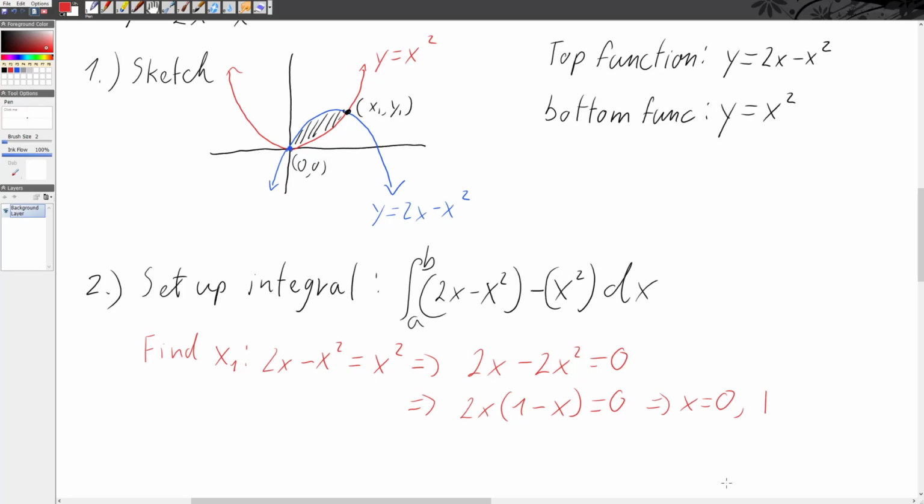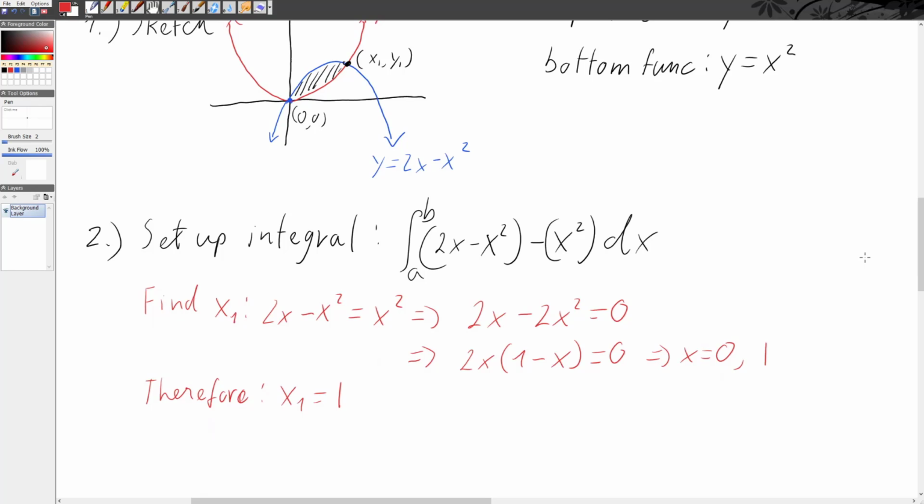So we see that precisely at this point, x1 is equal to 1. So our limits of integration go from the first point where they intersect to the next point where they intersect, meaning this area is equal to the integral from 0 to 1 of the top function minus the bottom function. And that's what we want to solve.